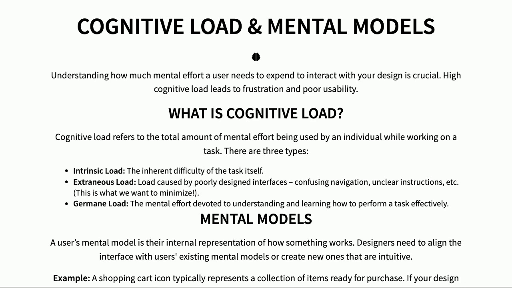As designers, we want to make sure our interfaces match those existing expectations or, if necessary, create new ones that make sense. Think about a shopping cart icon. Most people automatically assume it means you can add items, right? If your design throws that off, users will get confused. So, focus on simplicity and build intuitive mental models. That's key to good usability.